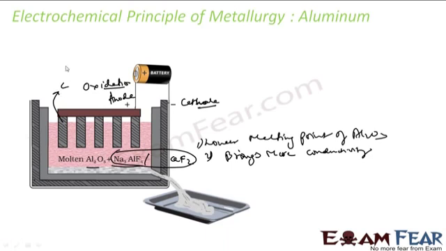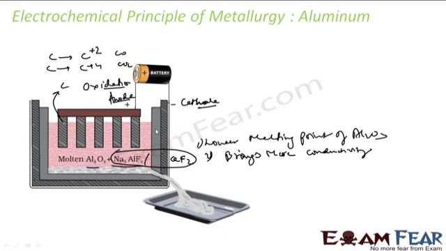Here carbon is converted into CO, in the plus 2 oxidation state, or CO2 in the plus 4 oxidation state. This is CO and this is CO2. So here you see the oxidation of carbon taking place, and this is the anode.